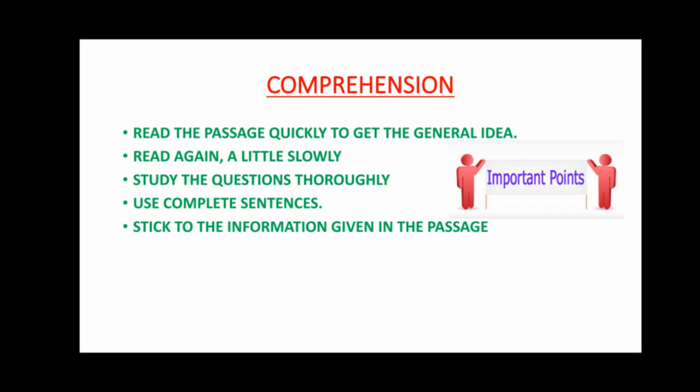Read the passage fairly quickly to get the general idea. So the first thing is that you should always read the passage so that you understand the general idea of the given passage. The second point is read again a little slowly so as to know the details.